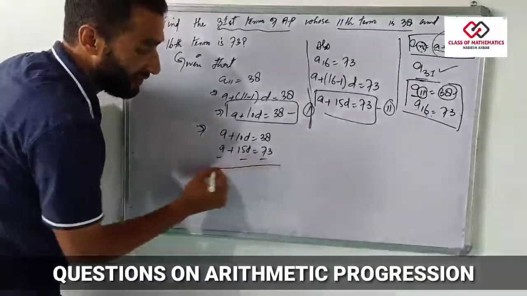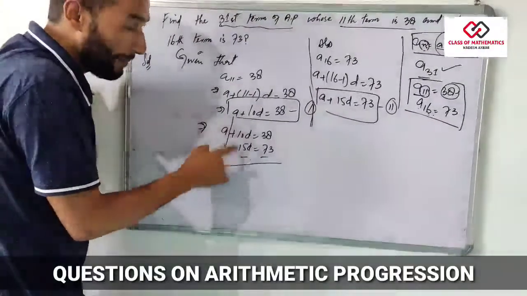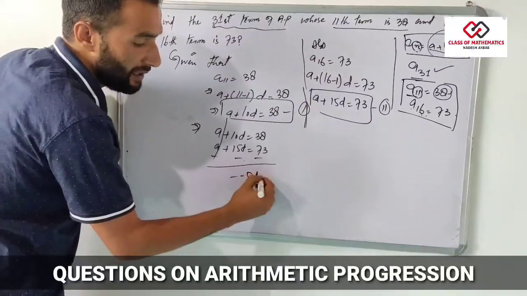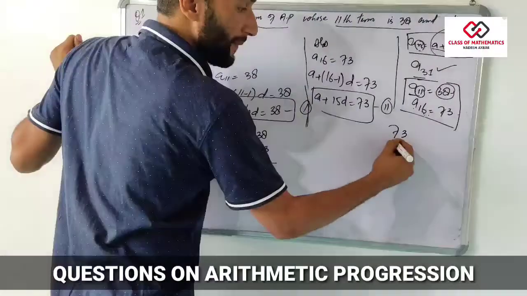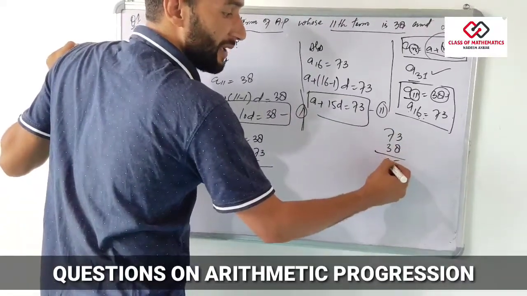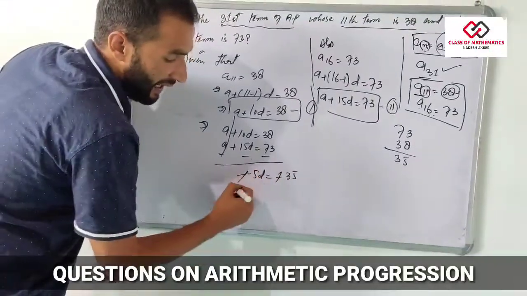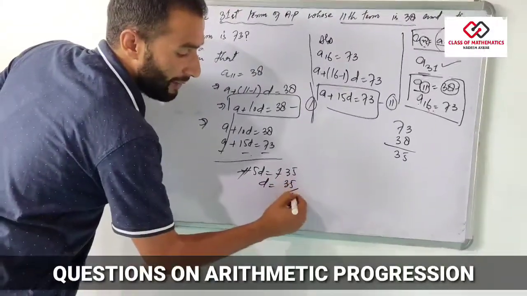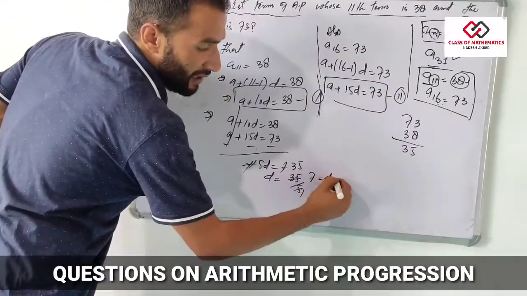It will be minus 5d equal to 38 minus 73, which is minus 35. This minus and this minus will cancel out, so d will be equal to 35 divided by 5. Five sevens are 35, which implies d is equal to 7.